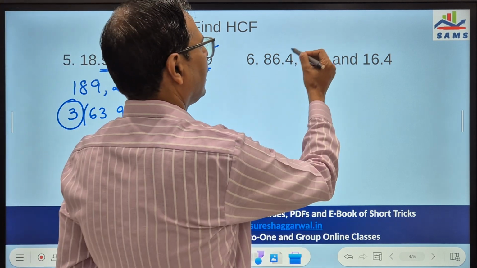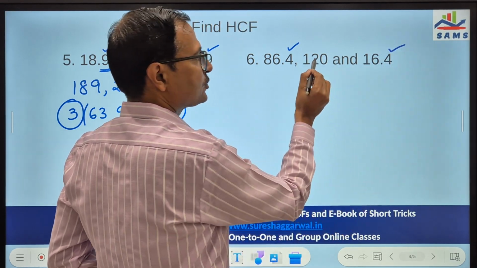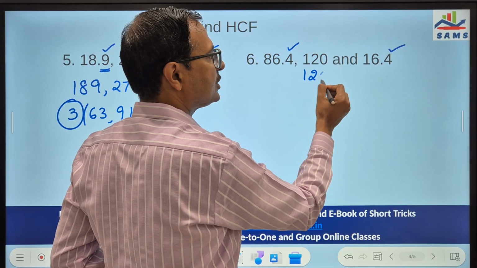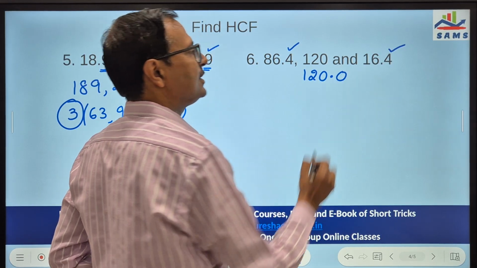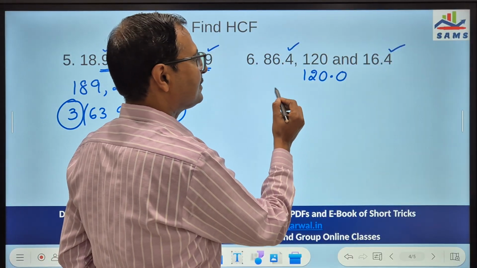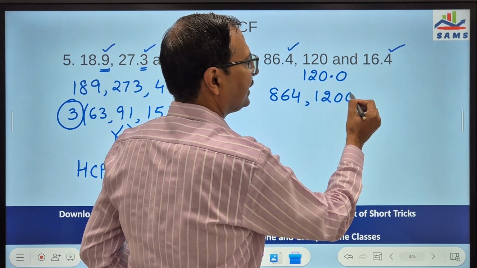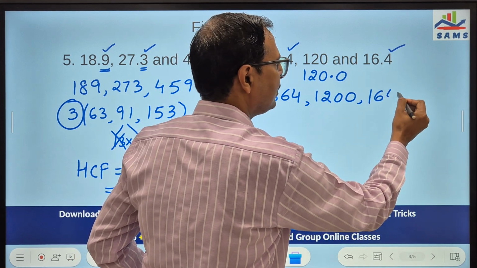Likewise here, 1 digit here, there is no digit here and 1 digit here. So what do we do with this? 120 becomes 120.0 because we need to have 1 digit after decimal. So this becomes 864, this becomes 1200 and then this becomes 164.